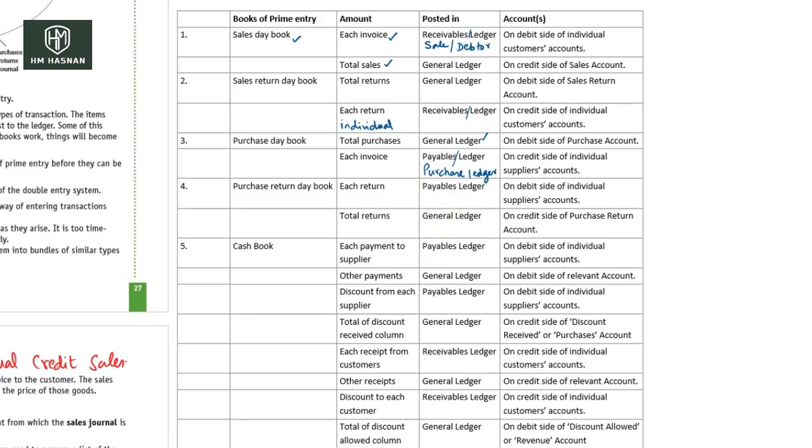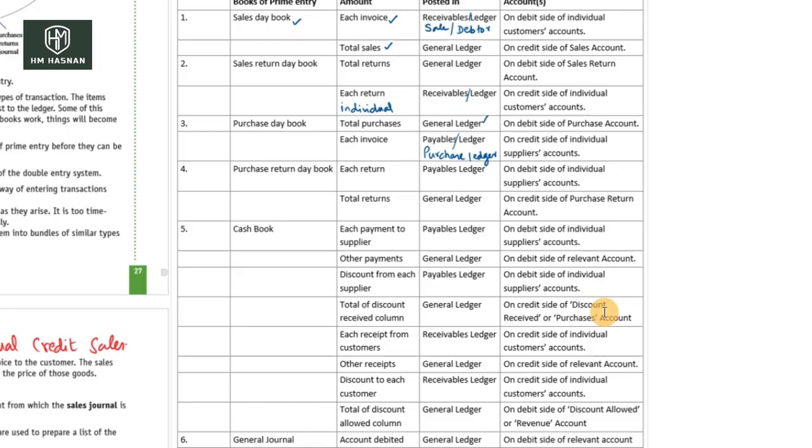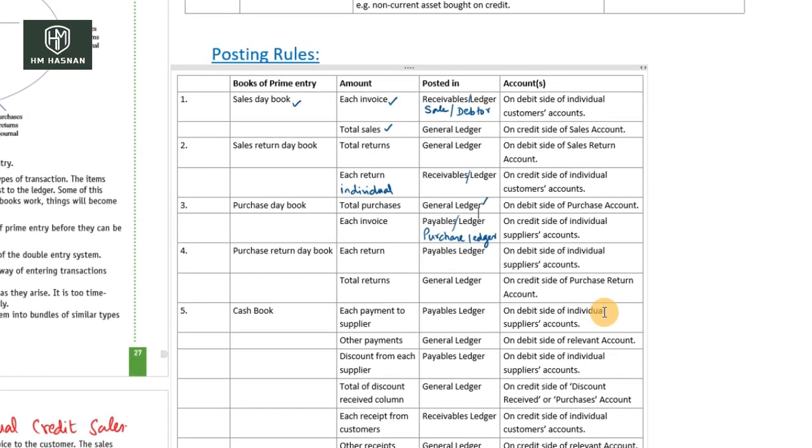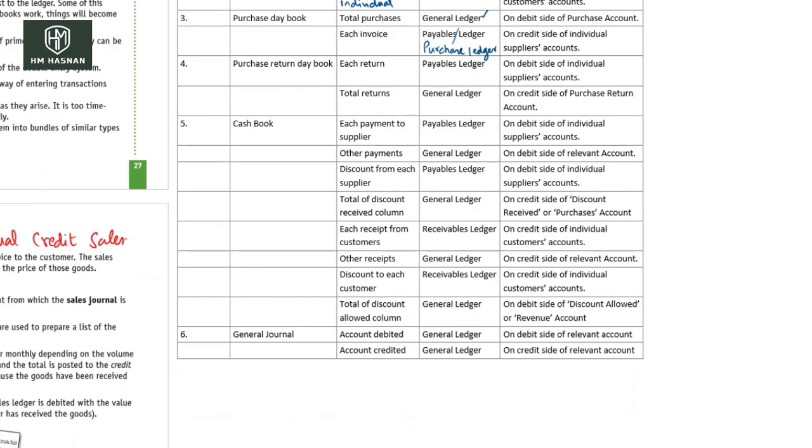Get it? And in the case of the cash book, we deal with two types of accounts. Number one is either an income related transaction or an expense related transaction.